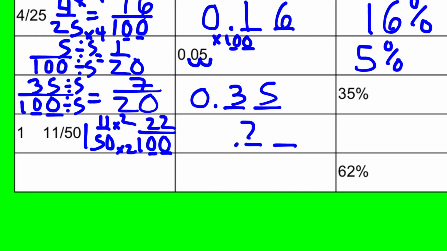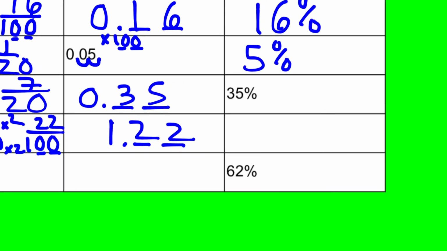And I'll put the 2 and the 2 there. But this time I'll have to take my whole number 1 and put it there. I have a whole number answer. And I know when you have a decimal, to make it a percent, you mentally multiply by 100, which shifts the decimal 1, 2. Right there. And now I have 122%.